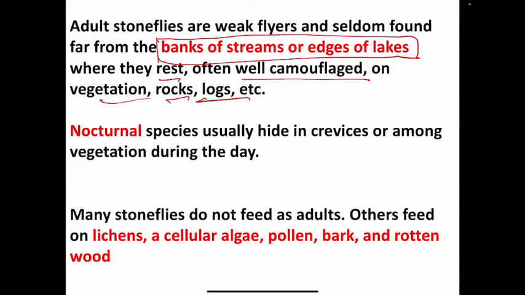Some species are nocturnal, and these nocturnal species usually hide under the cracks and crevices among vegetation during the day. Although many stonefly species do not eat during the adult stage, when they do eat, they feed on lichens, algae, pollen, bark and rotten wood.